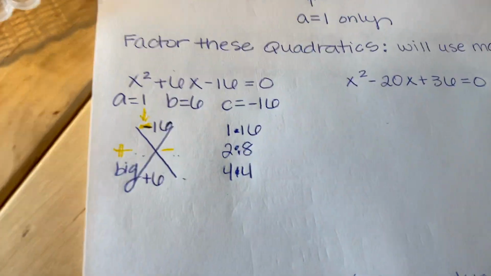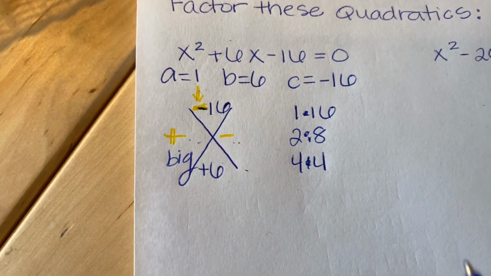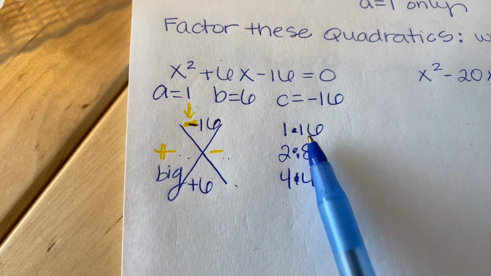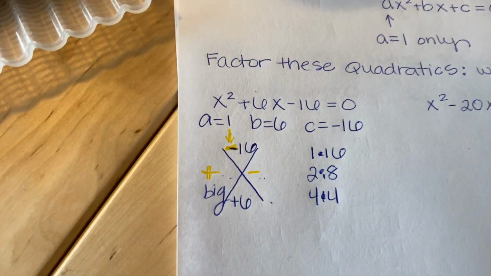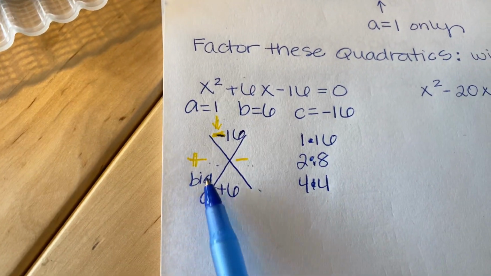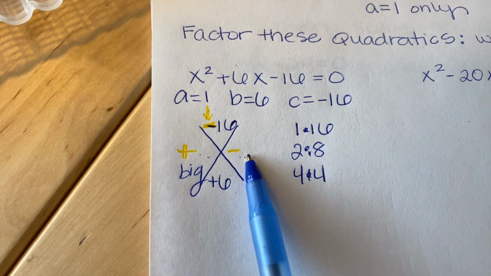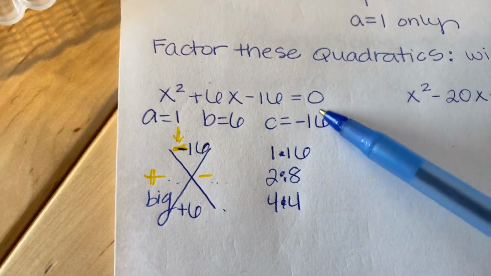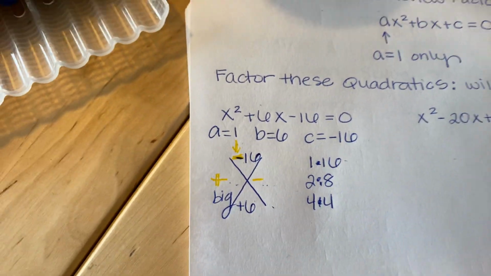So the bigger number will be positive and your smaller integer will be negative. So now you're going to go through these and give them a try. You're going to subtract them because if you have a positive and a negative, you are subtracting. What is 16 take away 1?